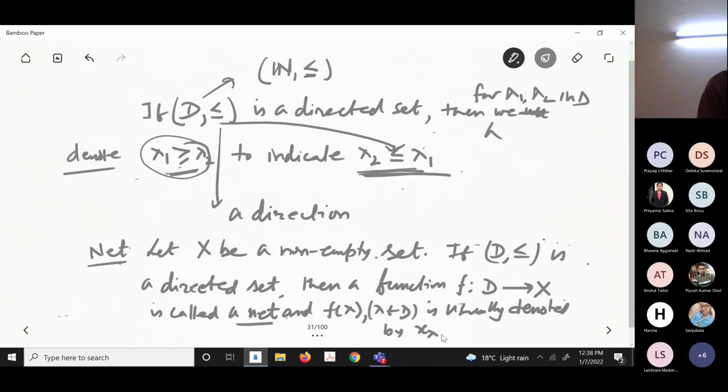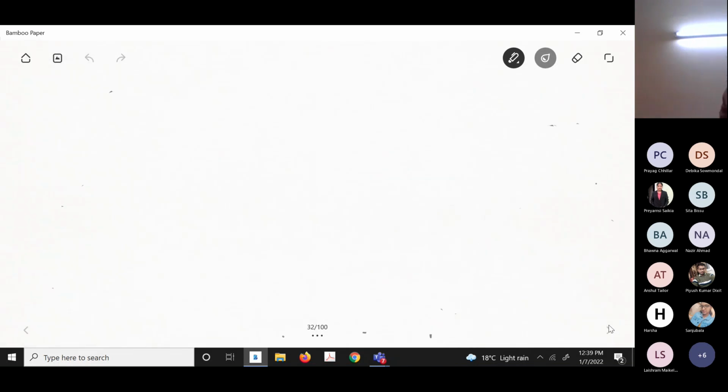Now, a net in X is actually a function from D to X, where D is a directed set.